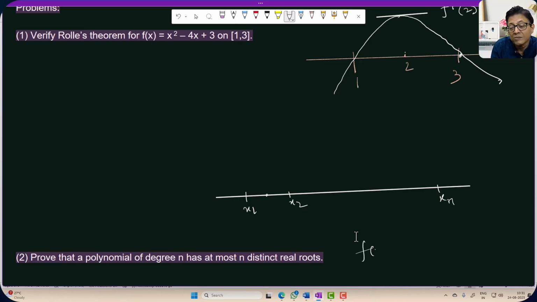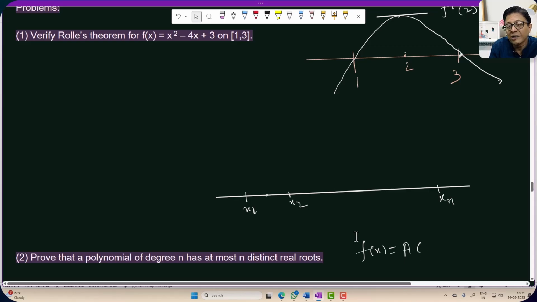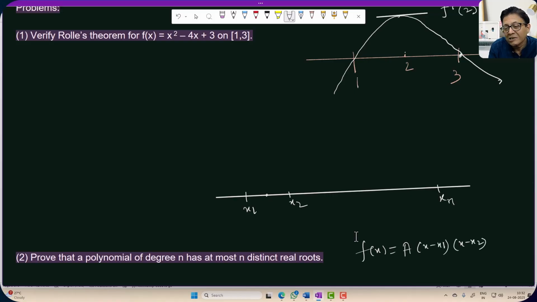So f(x) = (x minus x1)(x minus x2)...(x minus xn) phi(x), where phi(x) is the quotient when you divide the polynomial by this factor. Now, if f(x) has degree n, f'(x) has degree n minus 1.